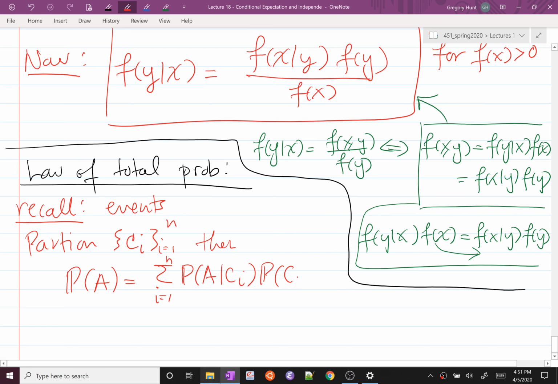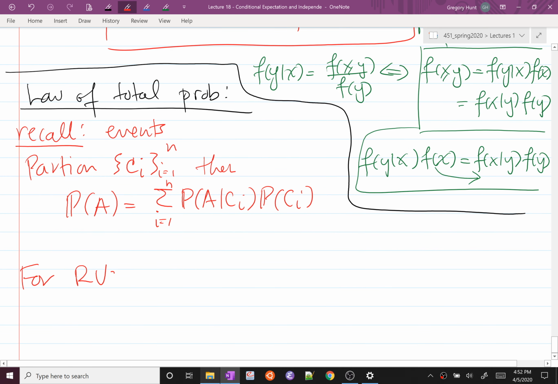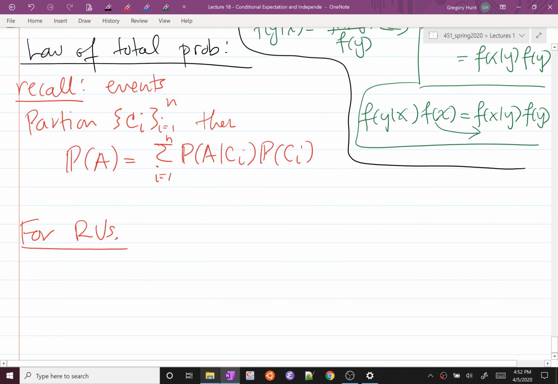And we can get something similar for random variables. The theorem for random variables says that, let's first do it for discrete random variables, if I want to get, say, f of y, this is the sum over x of f of y given x times f of x.